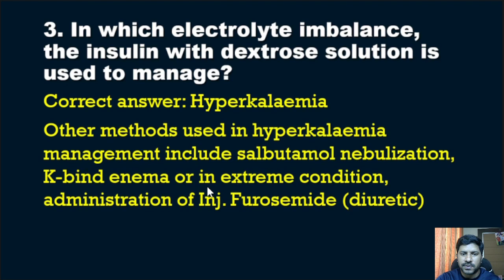Other methods used in hyperkalemia management include salbutamol nebulization, K-bind enema, or in extreme condition, administration of injection furosemide, that is Lasix injection. So these are the main management techniques used in hyperkalemia: insulin with dextrose, salbutamol nebulization, K-bind enema, or in extreme condition, injection furosemide or Lasix.